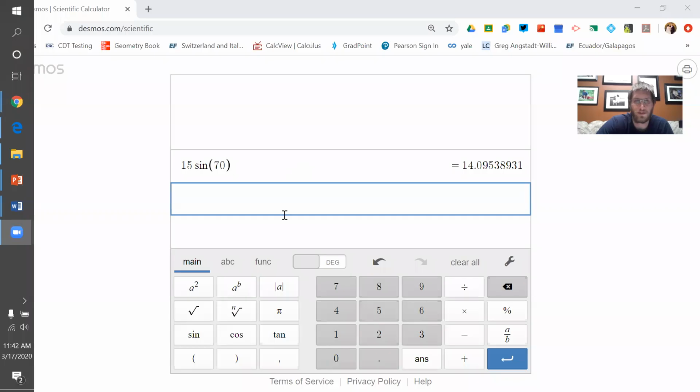So once again, I'll go back to my Desmos calculator. If you have your phone, you could easily use your phone calculator as well. But for those of you that don't, we can use Desmos.